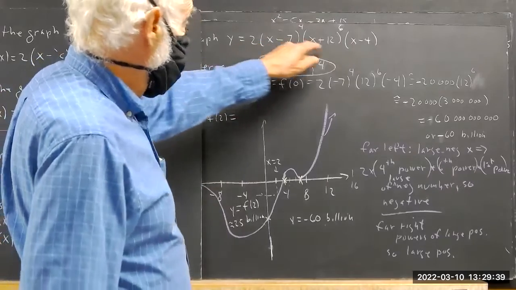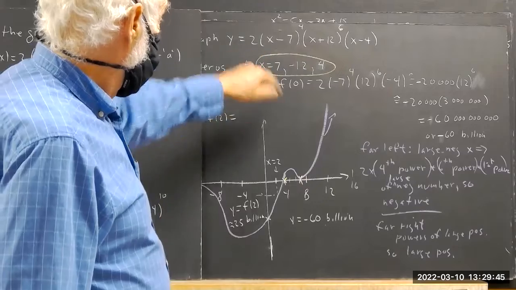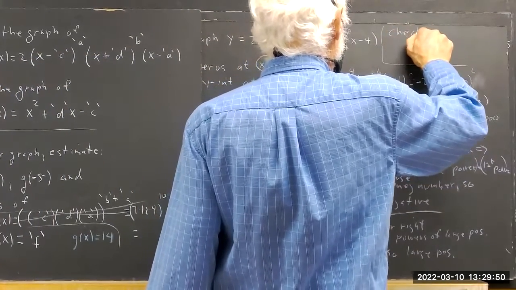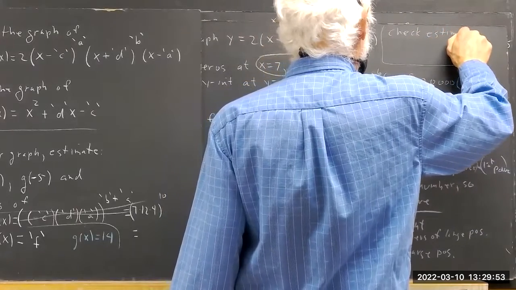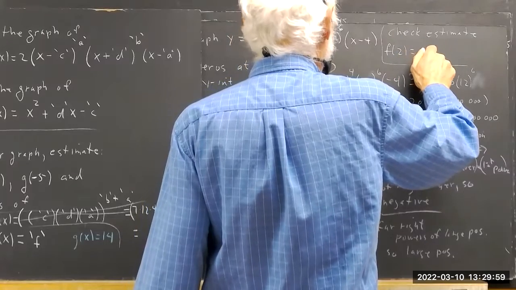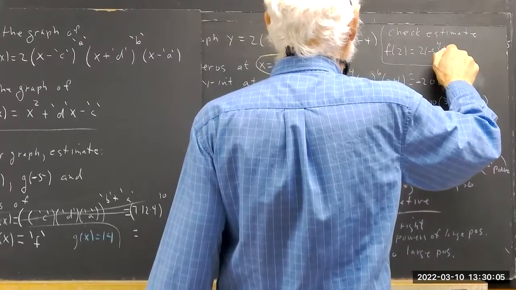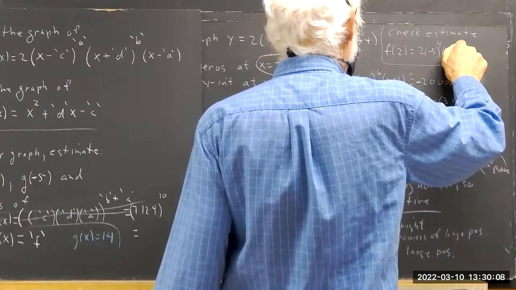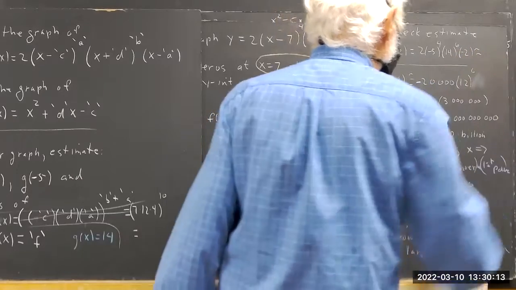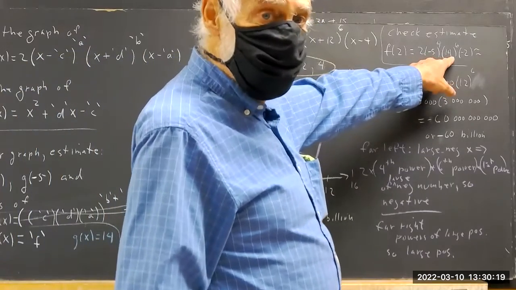Well, we could plug 2 in here and see what we got. Okay. That's the answer. Unfortunately, 14 squared is close to 200.